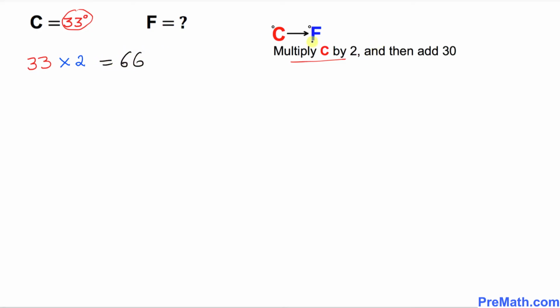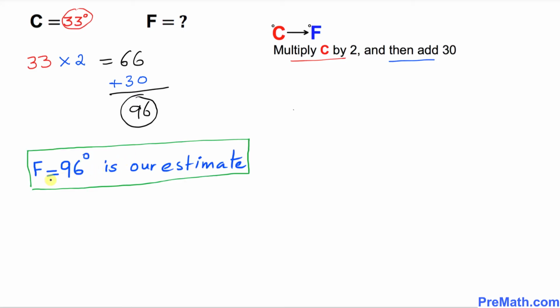And then you add 30 next to it. So go ahead and add 30, and that is going to give you 96, and that's your answer. That's it. So thus our F value turns out to be 96 degrees, and this is our estimate.